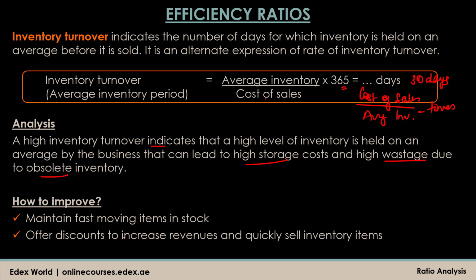So the business can try to maintain high levels of such inventory items so that the inventory is not held for a long period before it is sold. And the business can also reduce its selling prices or offer trade discounts to customers so that its revenues increase, its items are sold faster, and it is not holding a lot of inventory. Its inventory is getting cleared faster. This will reduce the chances of obsolete inventory.